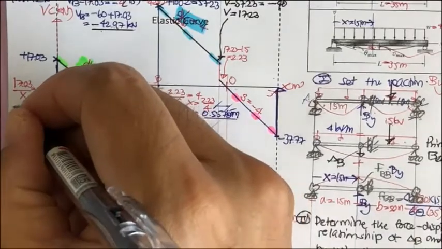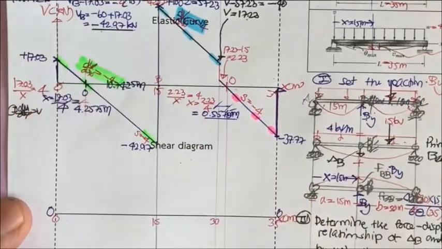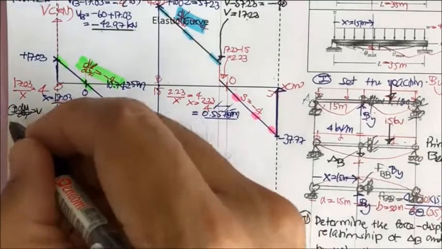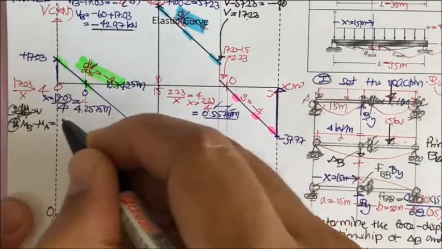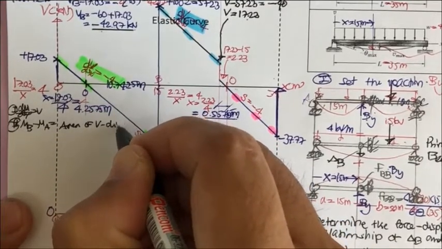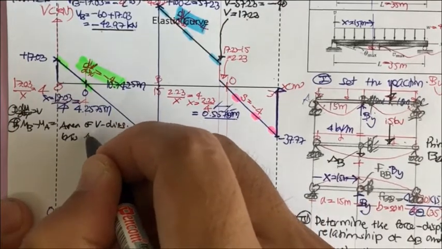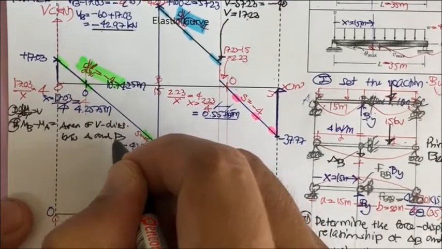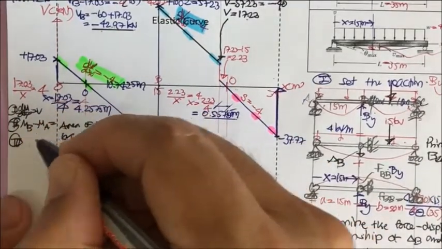We have first one, dM by dx equal to V. And you also have the second, M sub B minus M sub A equal to the area of the V diagram between A and B.